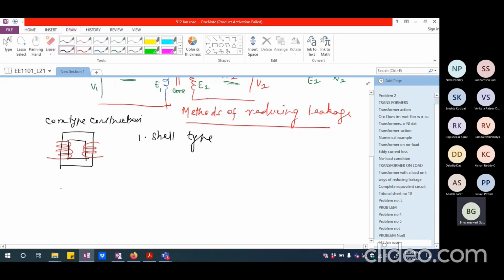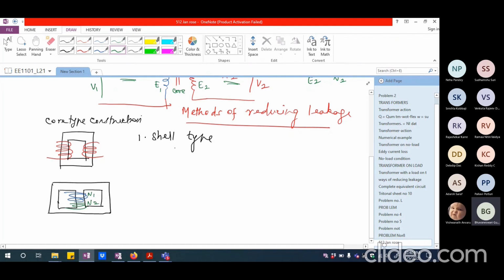So in shell type construction, what we would see is, if this is the entire core, which is going to be made up of iron, I'm going to have actually the central limb is the only one which is going to have the windings. So I'm going to have the primary here like this, and the secondary just beneath that I may have another winding. So I will have primary here with N1 turns and secondary here with N2 turns, and all around you will have iron, because of which the leakage is going to be reduced.